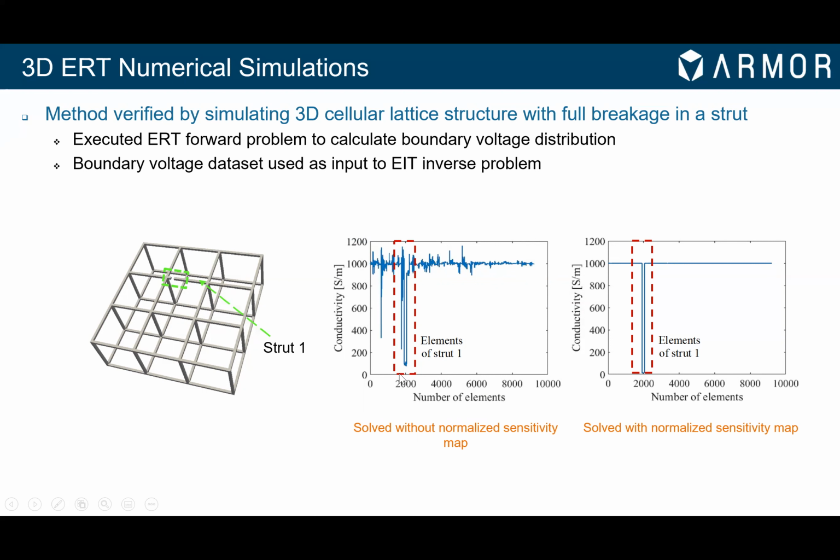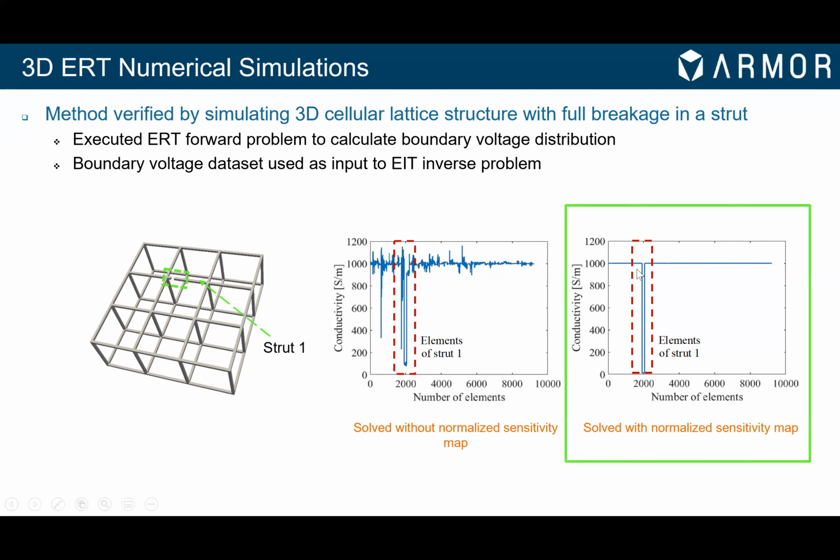The red dashed square highlights where the elements corresponding to strut 1 are located. But even though we correctly identify that there are broken struts at this location, we see that in other spots, there are conductivity changes as well, which is not the case.